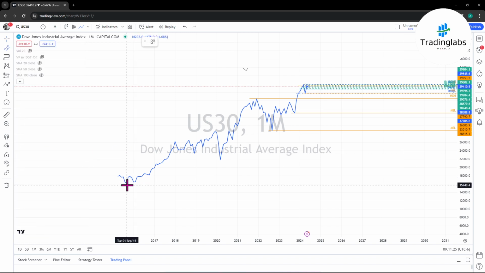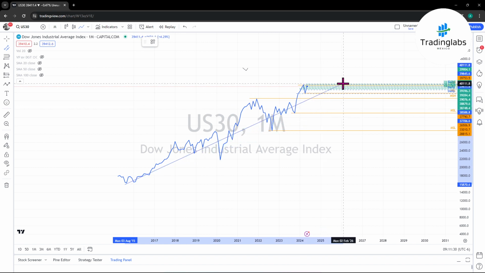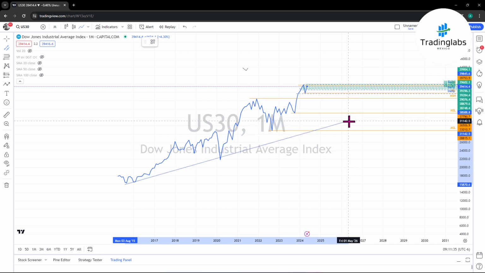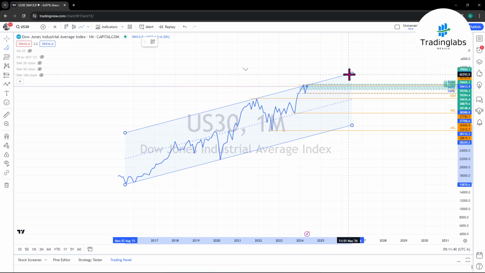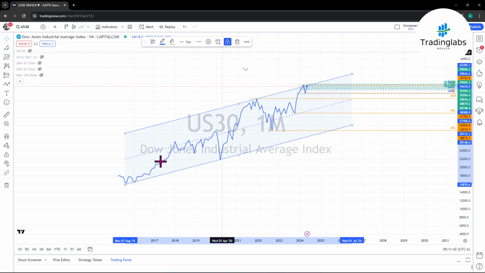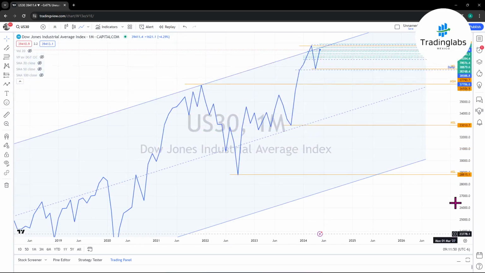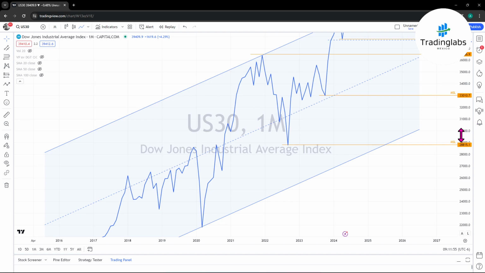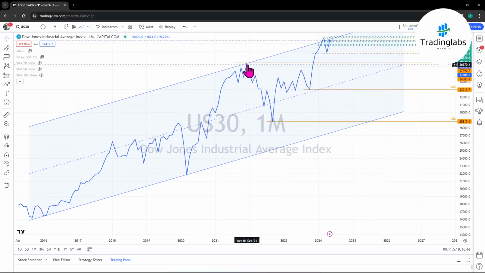We are in an uptrend, clearly an uptrend, but we are day traders, right? On the monthly, we are in this uptrend channel. And we know that when the market reaches this high of the channel, it then drops down.